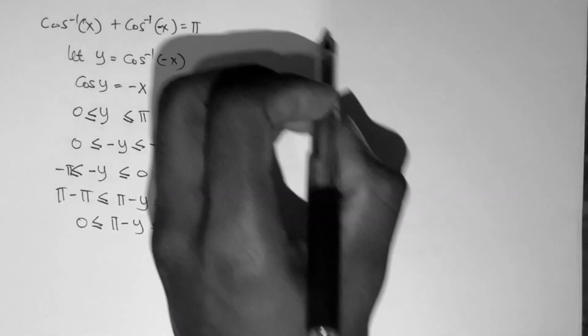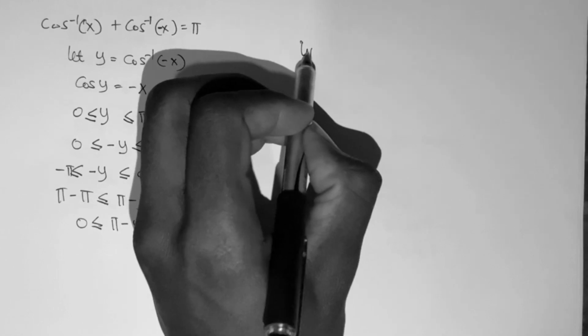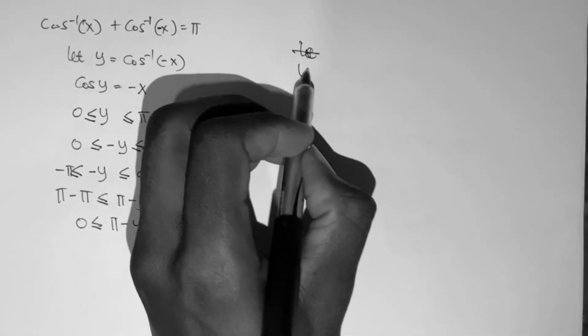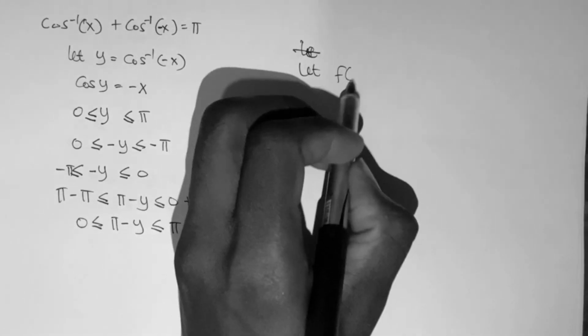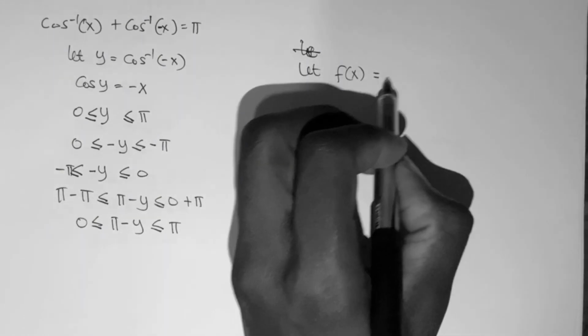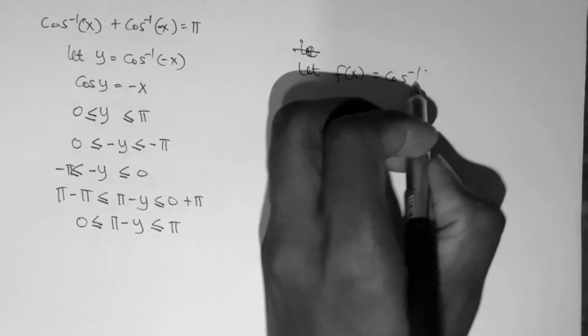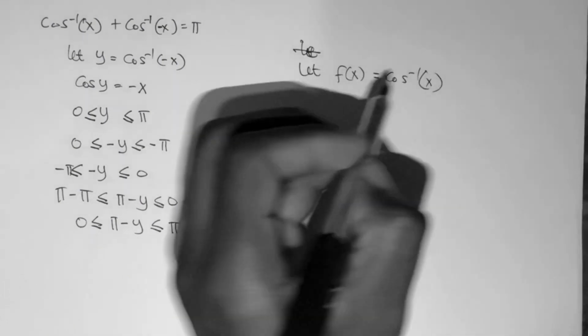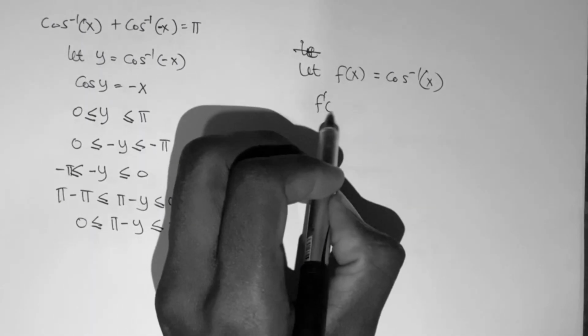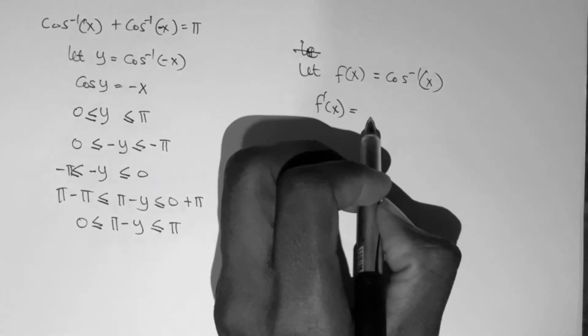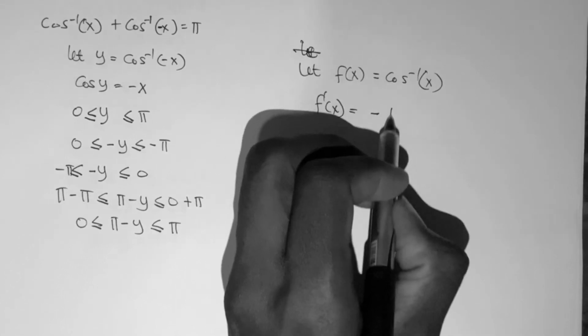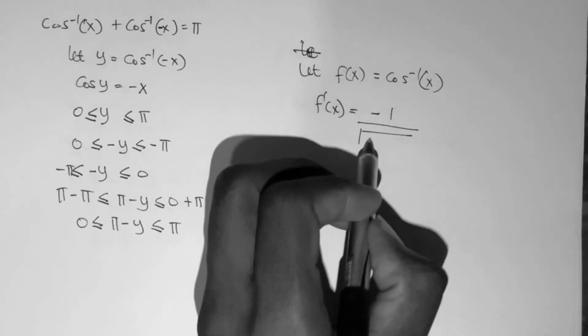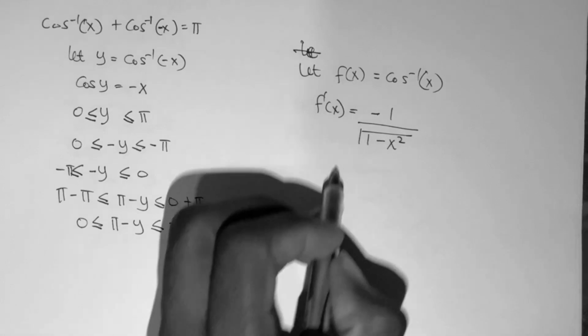Now let f of x be equal to cos inverse of x. What is f prime of x? If you differentiate the cos inverse function, you get f prime of x equal to minus 1 divided by square root of 1 minus x squared.